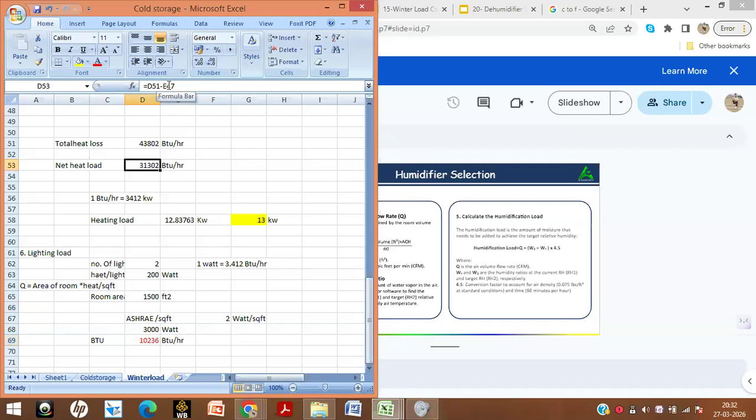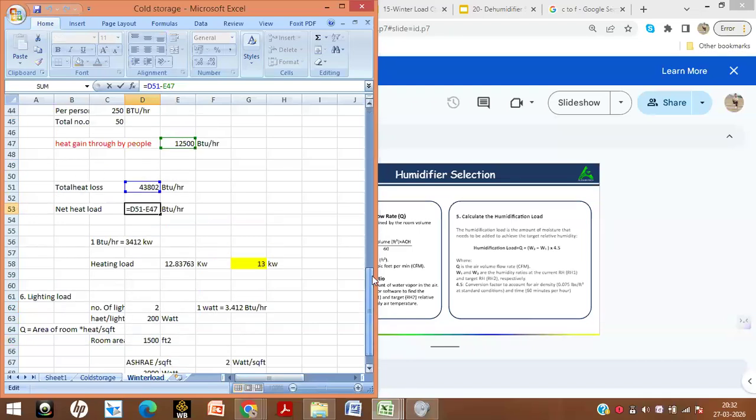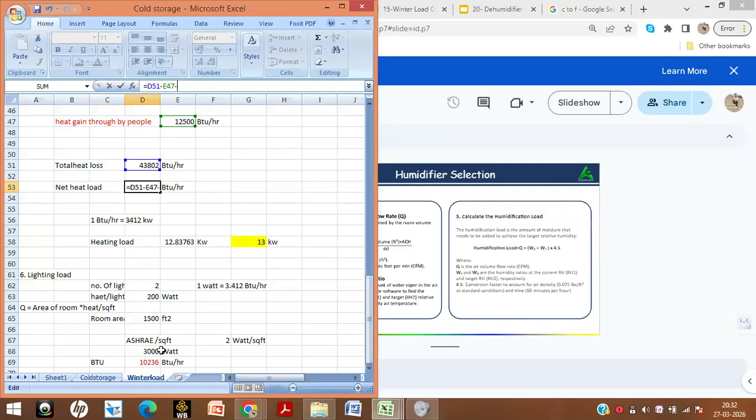So what we have done: this is the total heat loss, we have subtracted the heat gain through people. Now we need to subtract this amount of load also, the lighting load. So the lighting load will be this much.